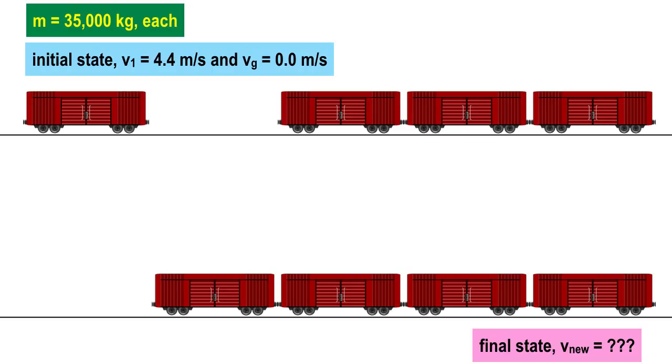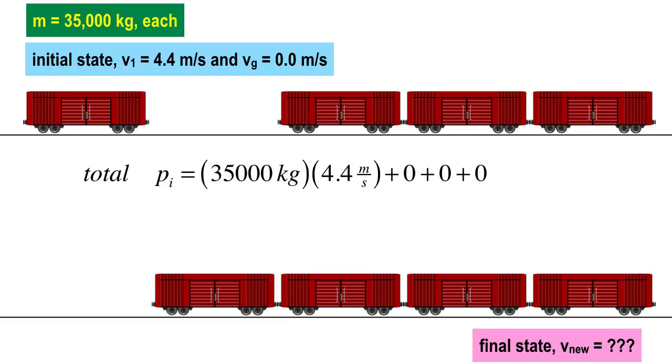So let's figure out the total momentum of the system before interaction. We're working this out in terms of momentum. P equals mv. Now we've got P equals mv from boxcar number 1. Go ahead and write that down: 35,000 kilograms for the mass and 4.4 meters per second for its initial speed.